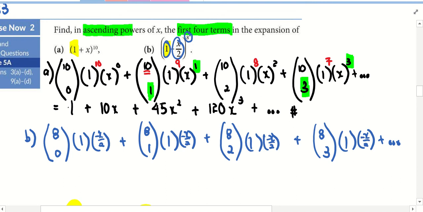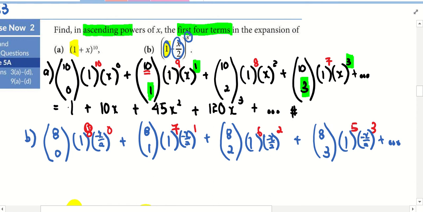Then I fill in the powers now. Always start with x. They want ascending power 0, 1, 2, 3. Then the other bracket must be descending power: 8, 7, 6, 5.